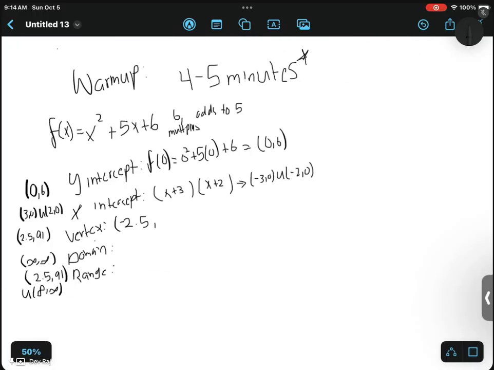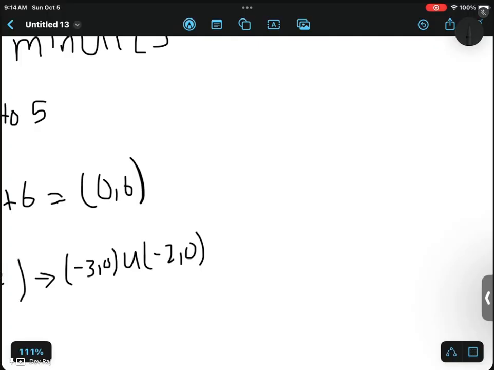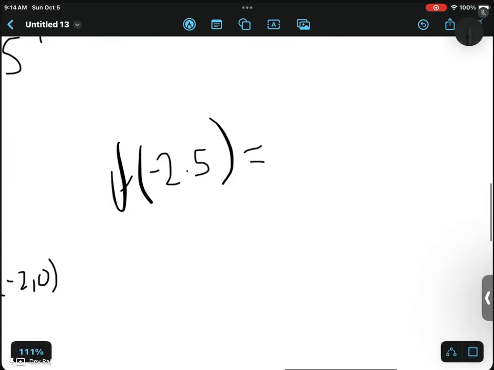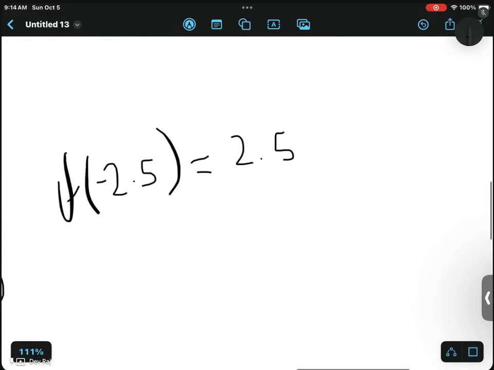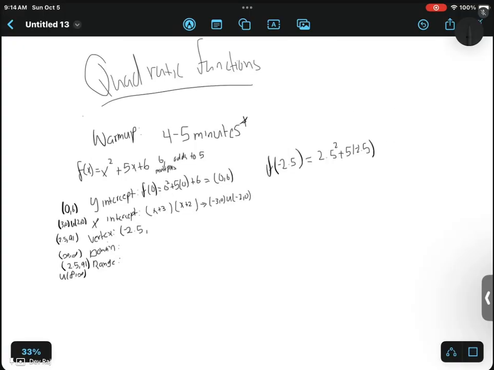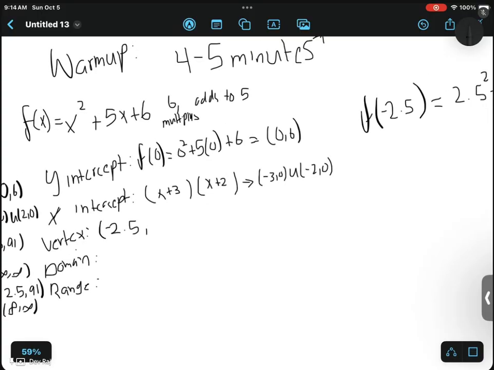And to find a y value, we'd use the original equation, which is f of negative 2.5 equals 2.5 squared plus... between negative 3 and negative 2. But then that'd be 0.5 close to negative 3 and 1.5 away.